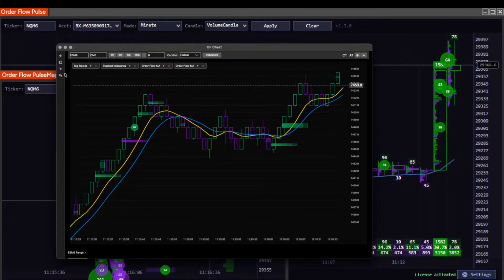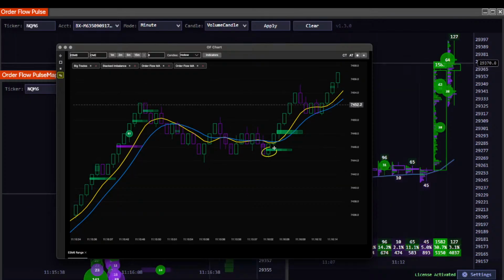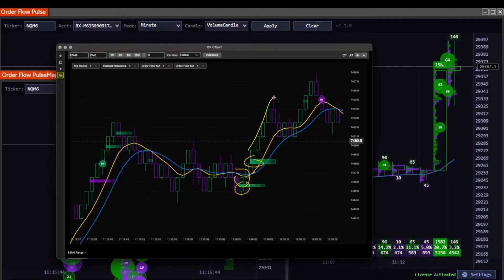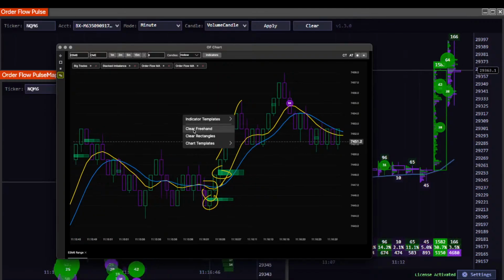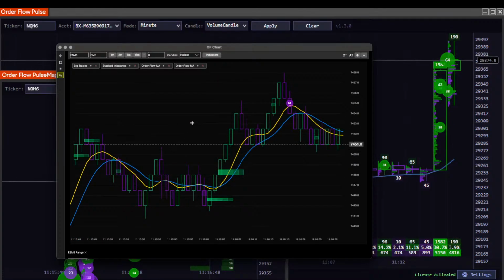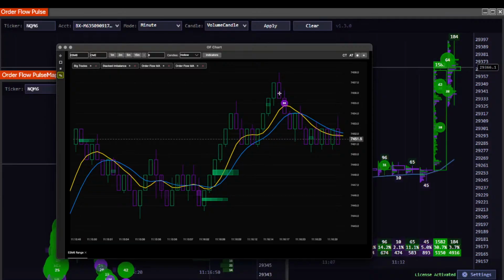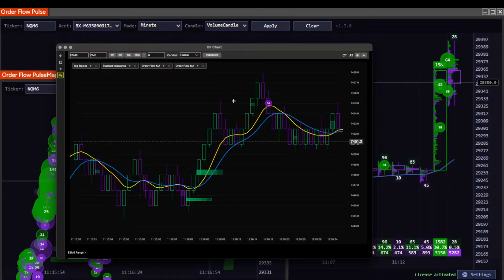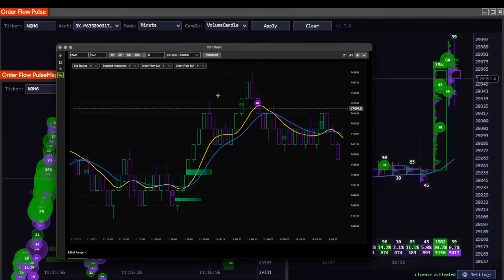It wouldn't get this one here because the moving average is below it. The moving average has to be separated and has to be a buy imbalance for it to go up. Kind of like that one right there. Boom. That wouldn't have been a very profitable one. Maybe $25.